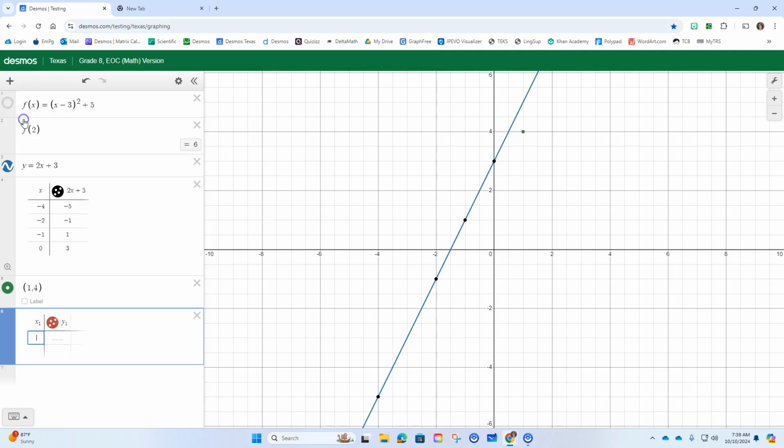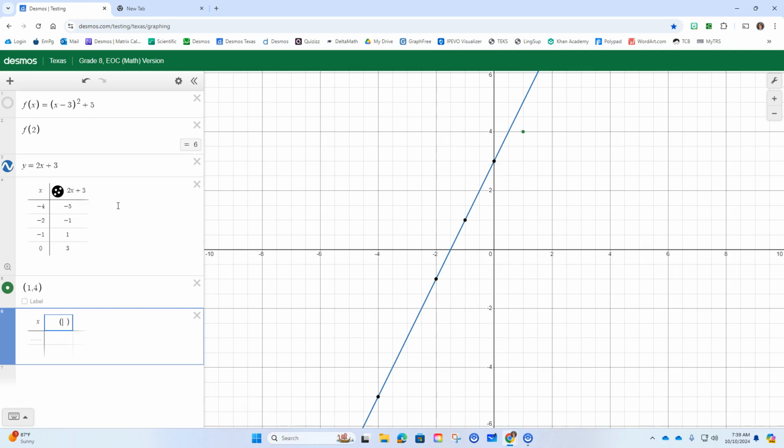When I do that table, it automatically comes with an x1, y1. You just simply delete that and put an x right there, and then put whatever the equation is equal to, like 2x plus 3. If I was putting in the equation, I could put in that equation that I have up at the top.